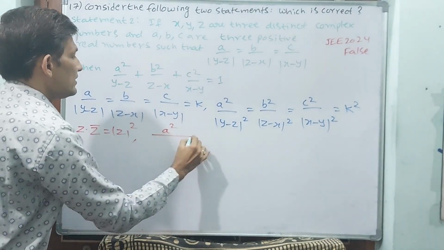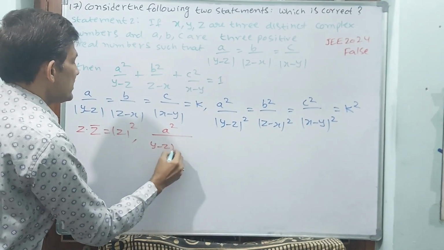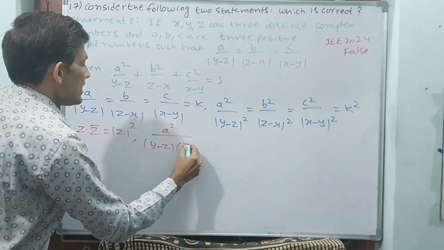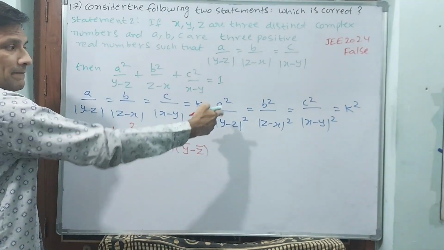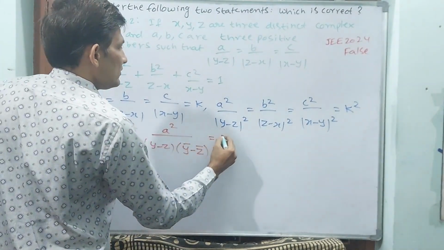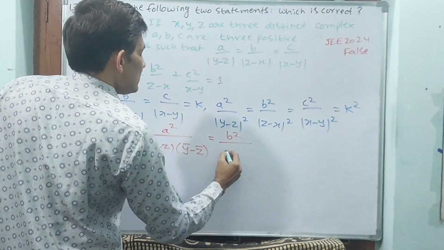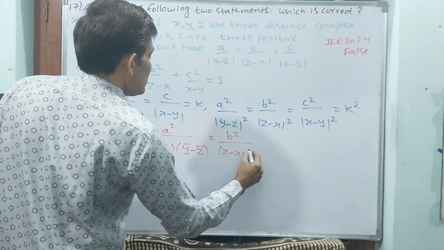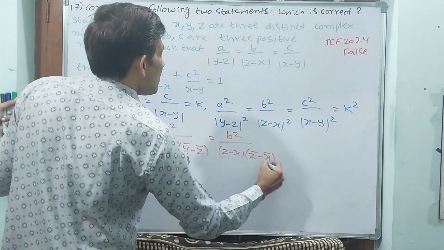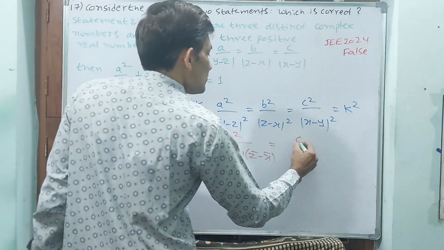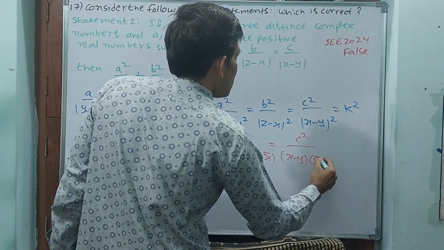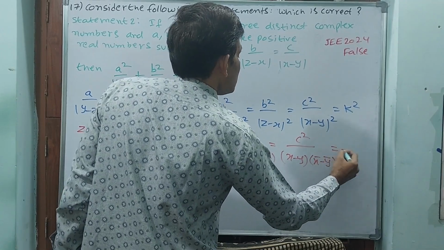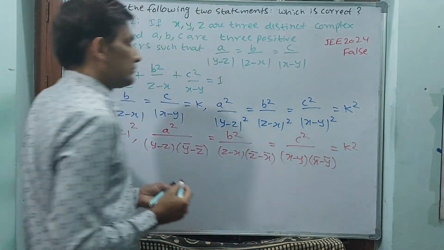A square by y minus z into y bar minus z bar, that is equal to B square by z minus x into z bar minus x bar, that is equal to C square by x minus y into x bar minus y bar, that is equal to k square.